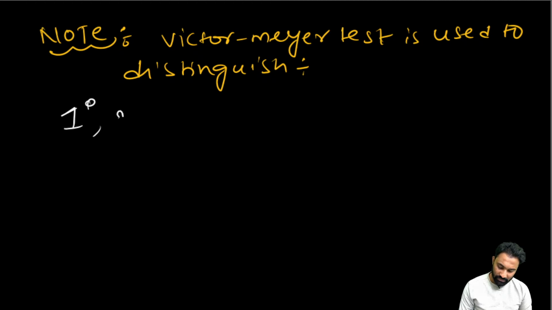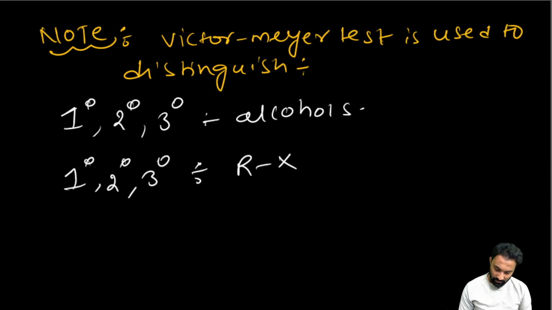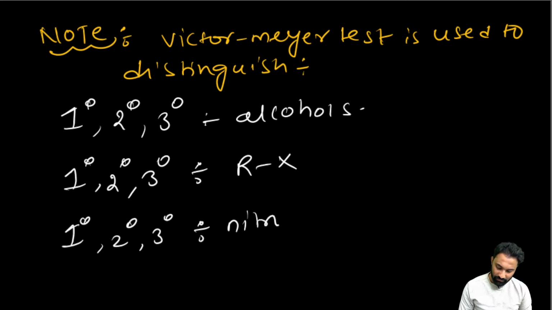The Victor-Meyer test is used to distinguish 1 degree, 2 degree and 3 degree alcohols, and 1 degree, 2 degree, 3 degree alkyl halides, and 1 degree, 2 degree and 3 degree nitroalkanes.